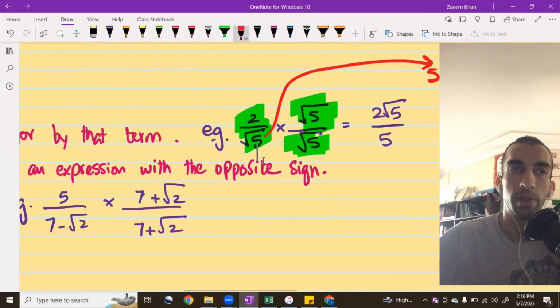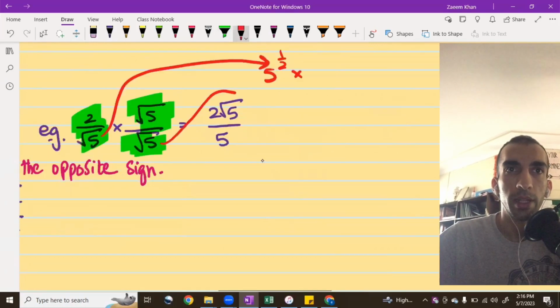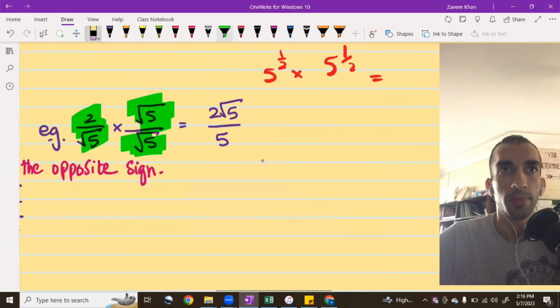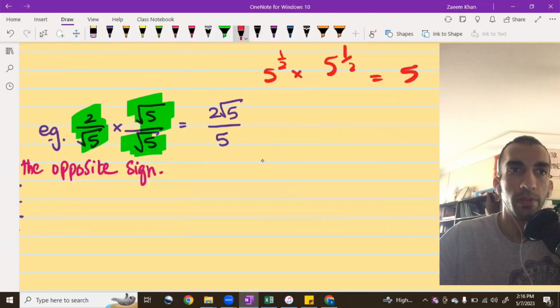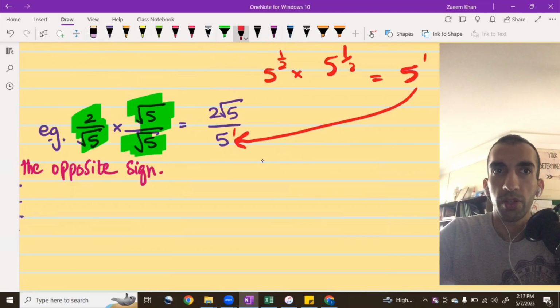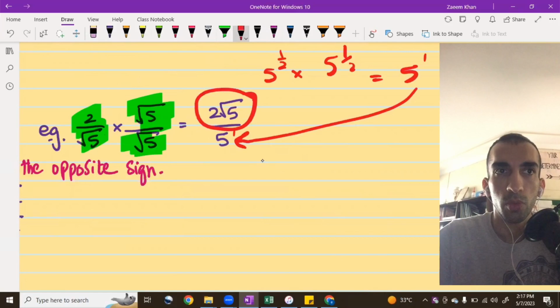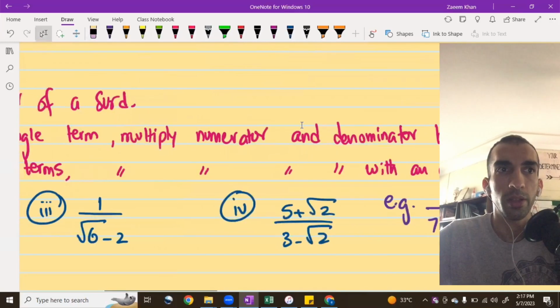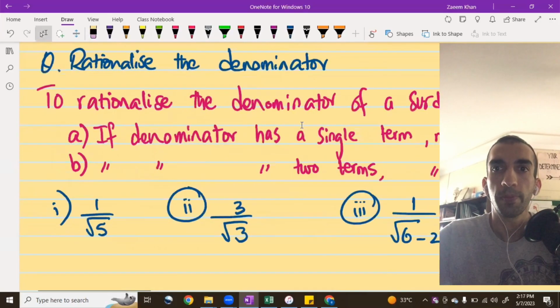And if I multiply that with another square root of 5, what do we end up with? 5 to the power 1. Remember? So that's how we remove the square root sign in the denominator. Although it comes in the numerator as well, that doesn't really matter. It should not be in the denominator. Now, if you take a look over here, what's the second sort of example?